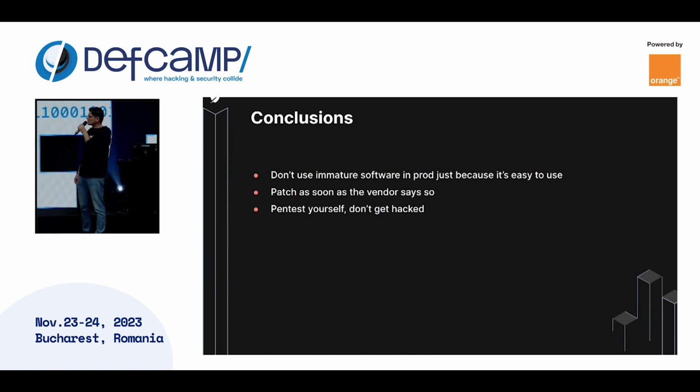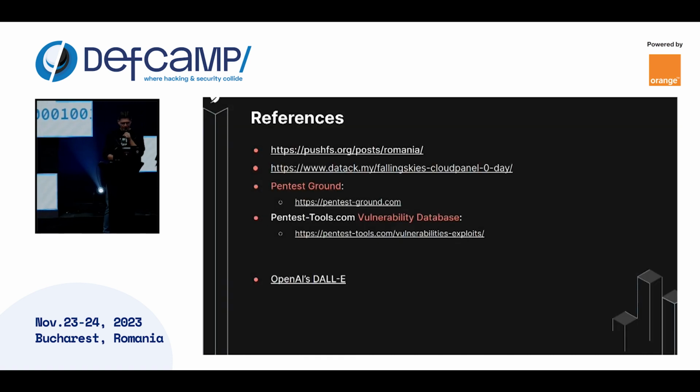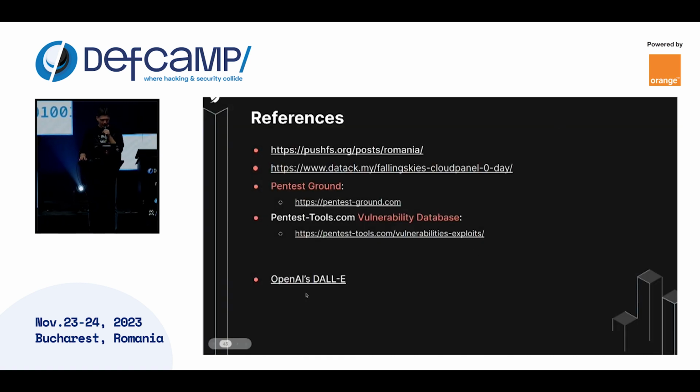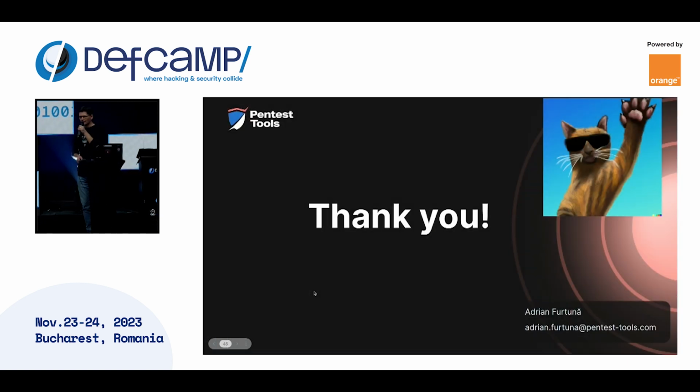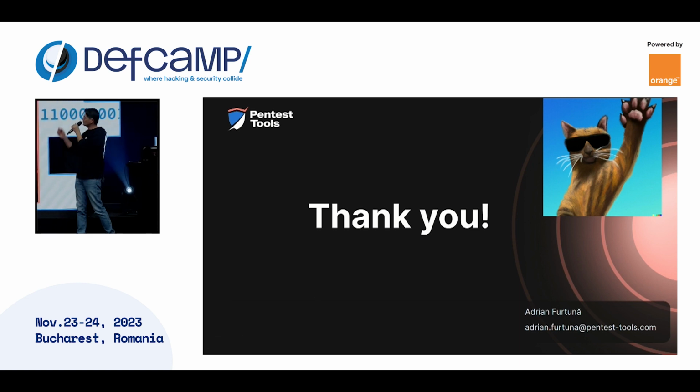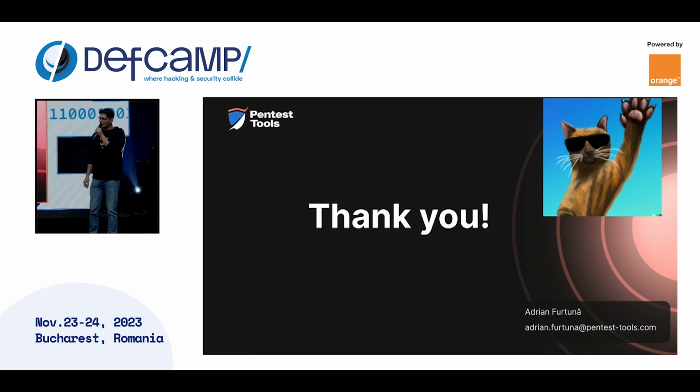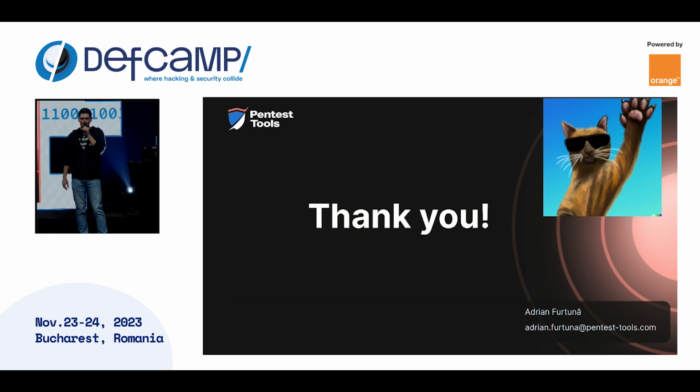And patch as soon as the vendor releases one because it's important. And of course, pen test yourself and do periodic security testing to not get hacked. These are some references, and I want to thank OpenAI's DALL-E project because it allowed me to do these beautiful characters. So thank you very much, and if you have questions, I'm here.